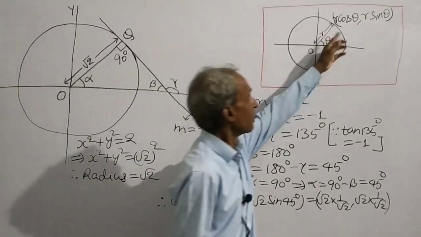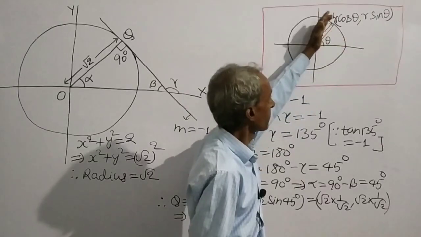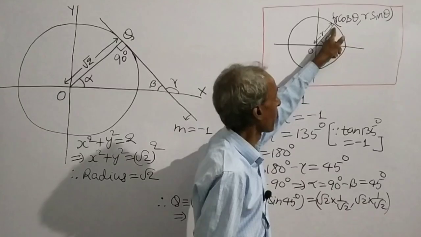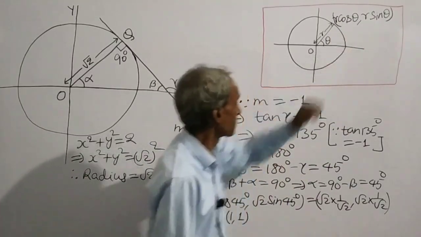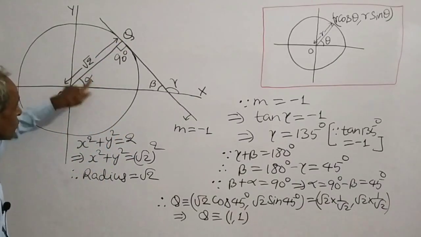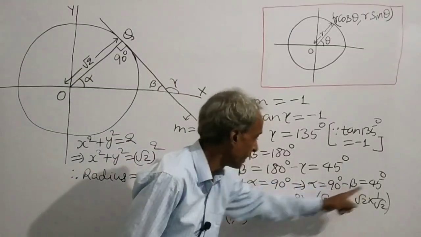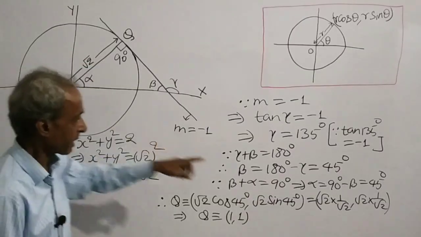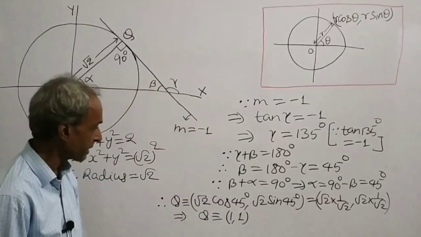Now, if a radius makes angle theta in anticlockwise direction with x-axis, then coordinate of this point is (r cos theta, r sin theta). By using this formula, coordinate of point Q can be written as (root 2 cos alpha, root 2 sin alpha), but alpha is 45 degree, therefore root 2 cos 45 degree, root 2 sin 45 degree.